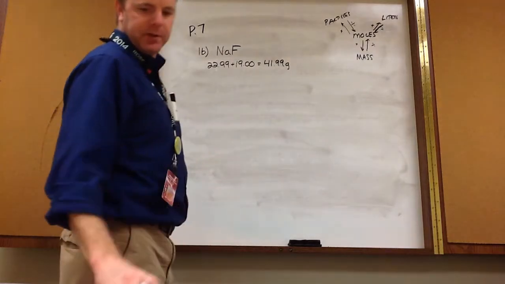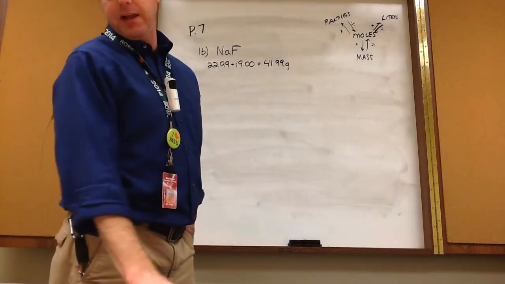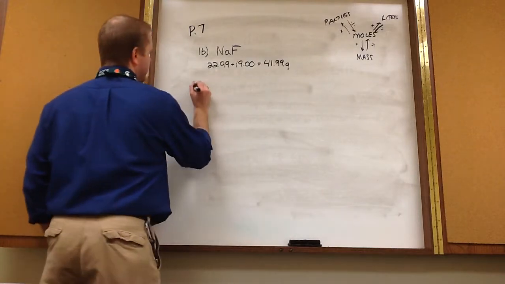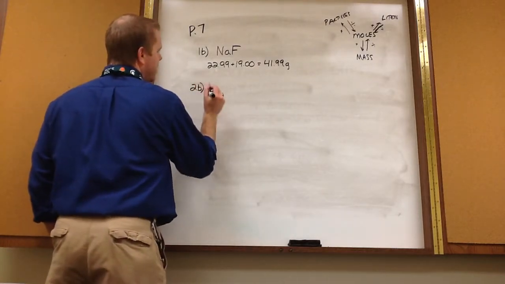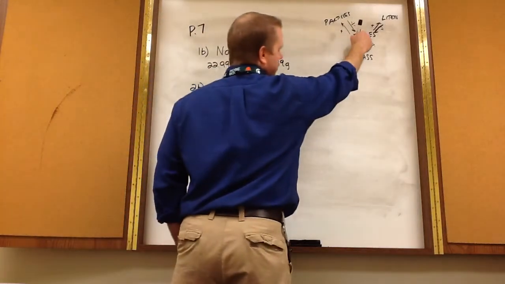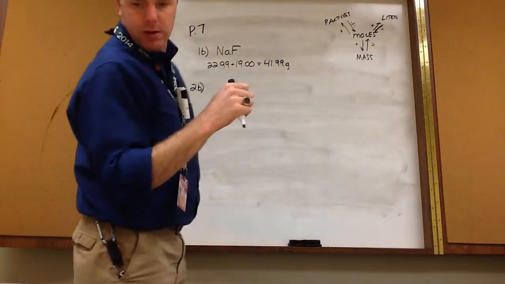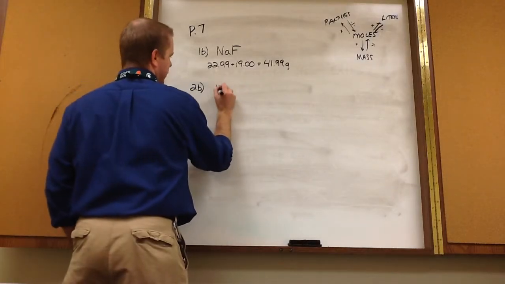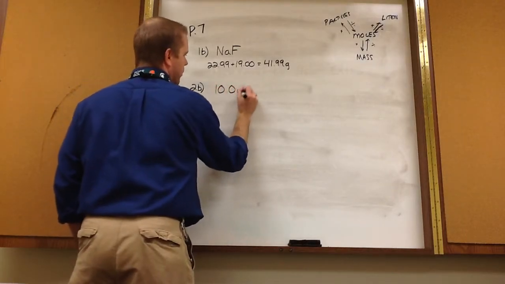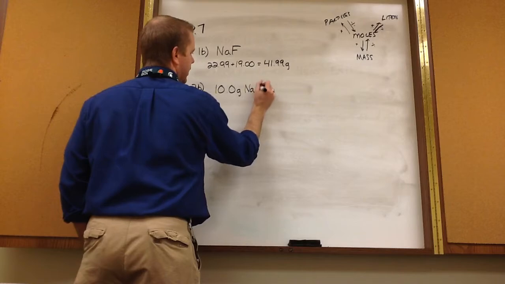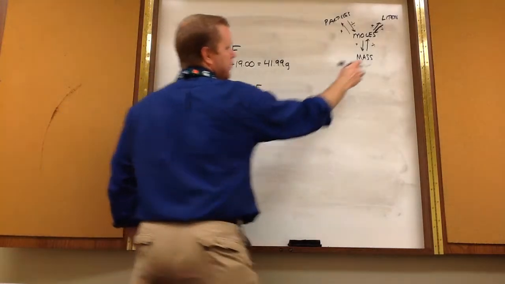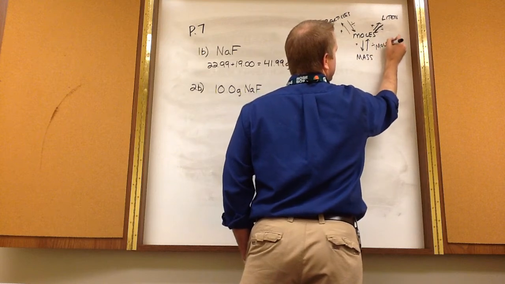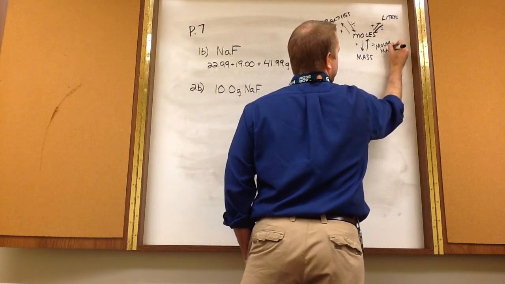Now, let's do an example of something where we're up in, let's do 2B now. So it says, okay, find the number of moles, if you know that you have 10 grams of NaF. So you have 10.0 grams of NaF. So where we are is we're mass. So to go from mass to moles, we divide by the molar mass of the object.